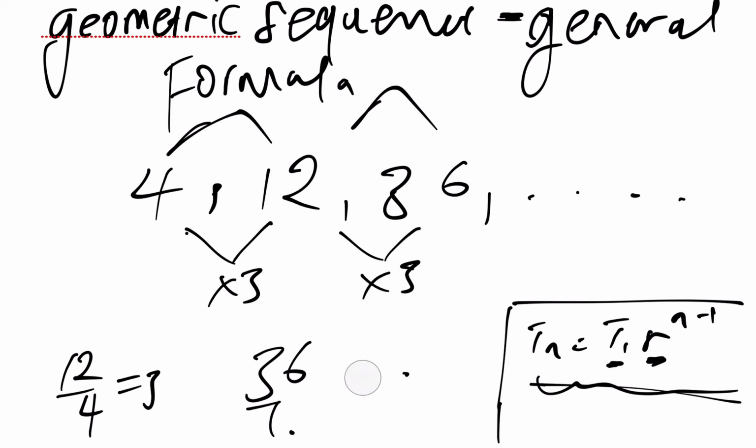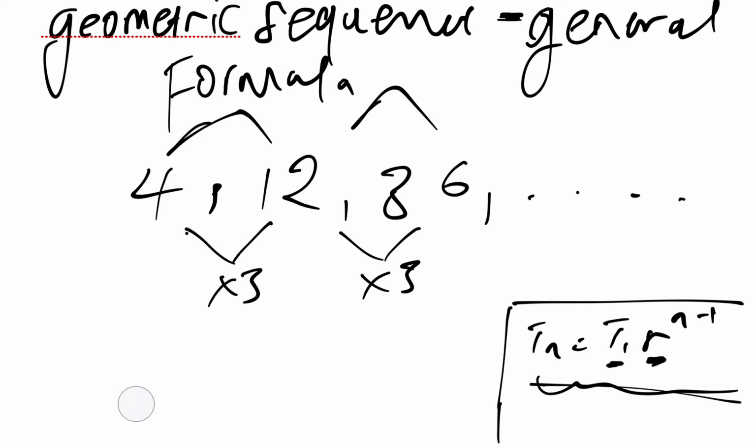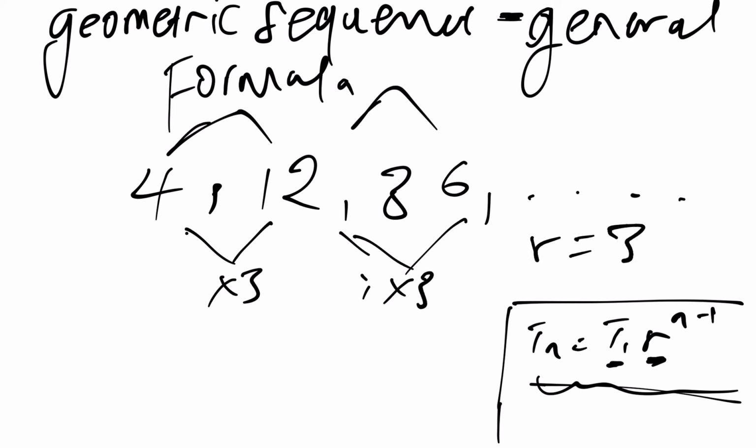So by the fact that the ratio between the consecutive terms is common, this sequence is a geometric sequence, and we call this 3 the ratio. So r is equal to 3.